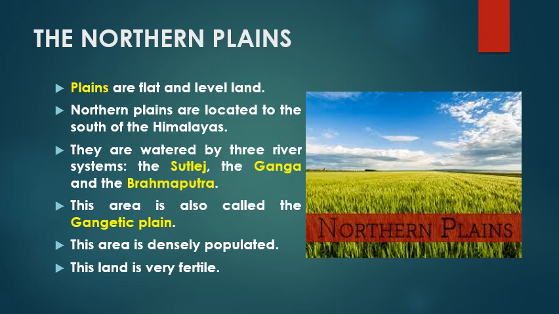Fertile means that the soil, which is essential for plants to grow, is full of nutrients. So that is the reason many plants and crops grow there, and it is best for farming. So this is the reason that this area is densely populated.